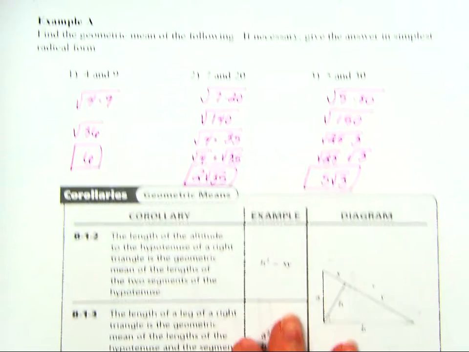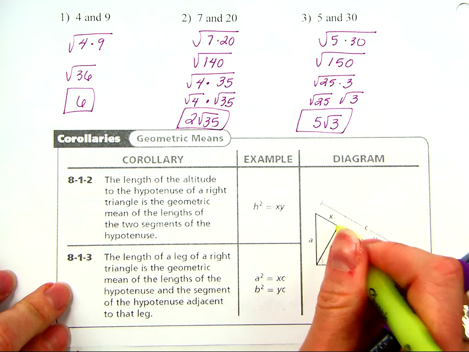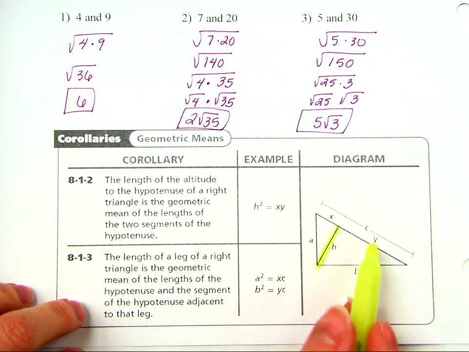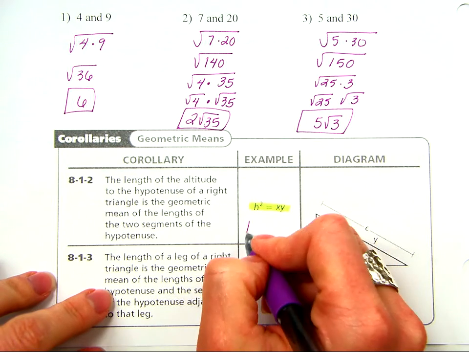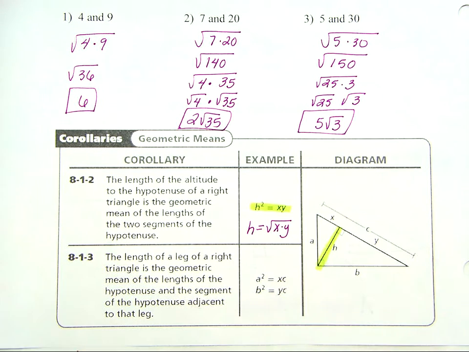Down below, you'll see that there are a couple of corollaries mentioned here. How do these two topics tie together? Well, it just so happens that this altitude here in my right triangle, H, is the geometric mean of the way my hypotenuse is divided, x and y. So my length for H would be the square root of the product of x and y.